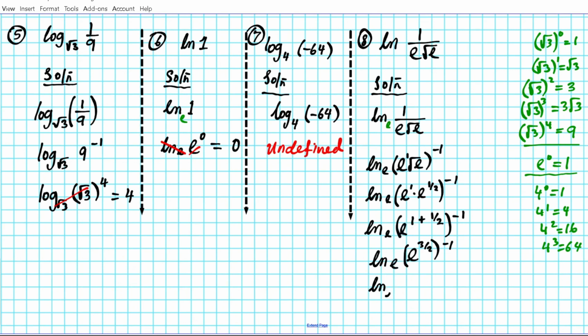So it's going to be e raised to the negative 3 over 2. Bam. This is perfect. Why? Because the base of the logarithm, which is e, natural log, and the base of our logarithmic argument in exponential form, base e, are identical. So these two cancel each other out, and our answer is negative 3 over 2.